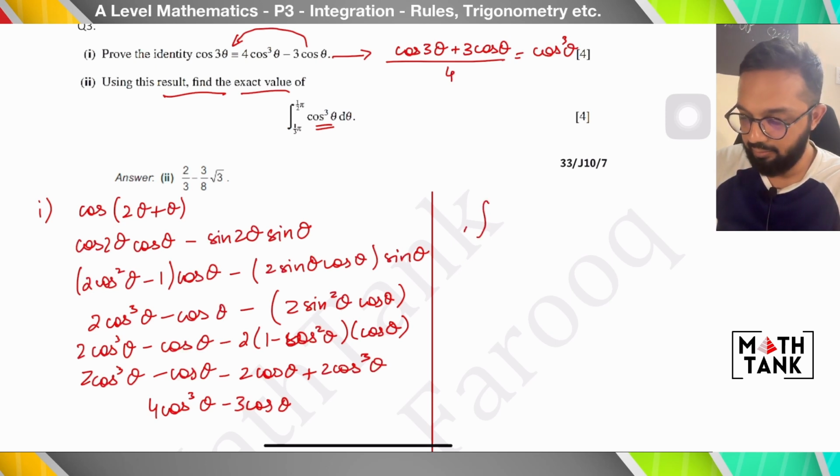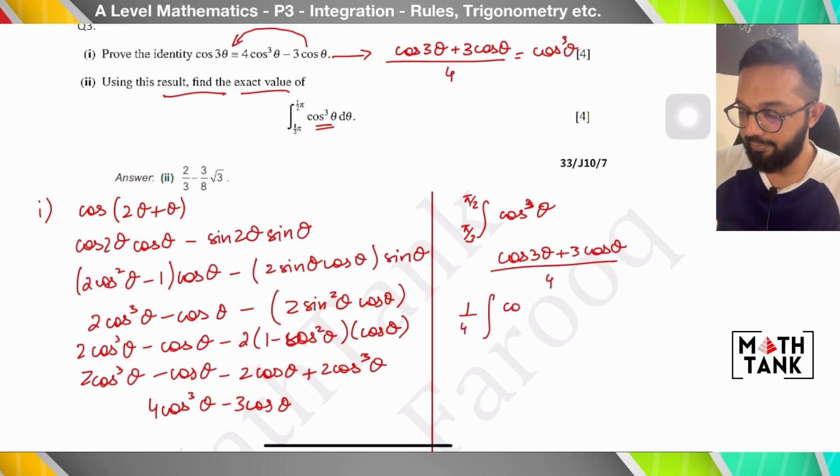And then put in the limits after integrating. So I have cos cube theta. I will first replace it with cos 3 theta plus 3 cos theta over 4. I will pull out a 1 over 4 common and start integrating.